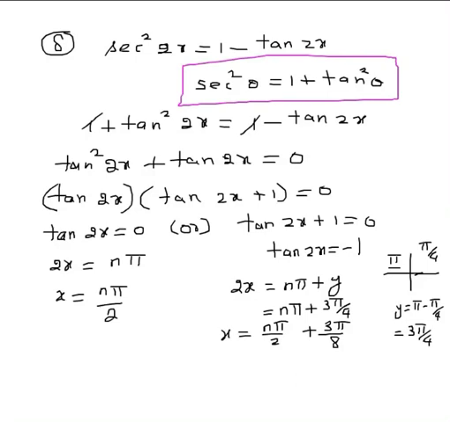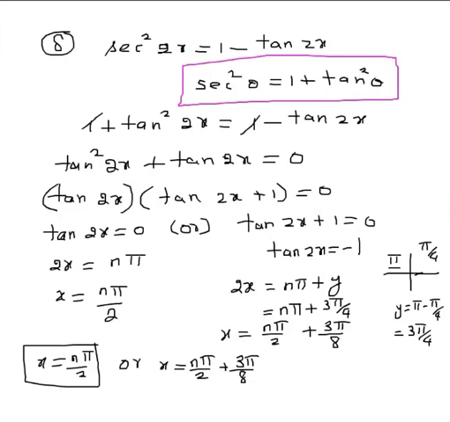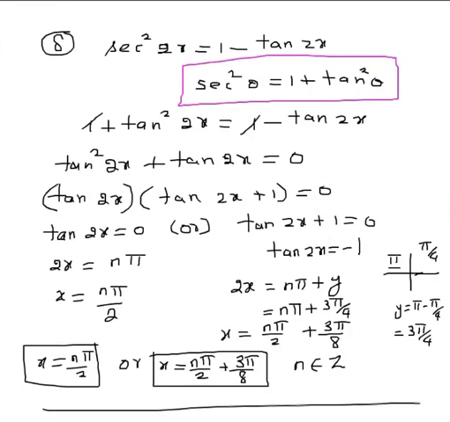Now let us write the answers together. x must be n pi by 2 or x must be n pi by 2 plus 3 pi by 8, where n belongs to z.